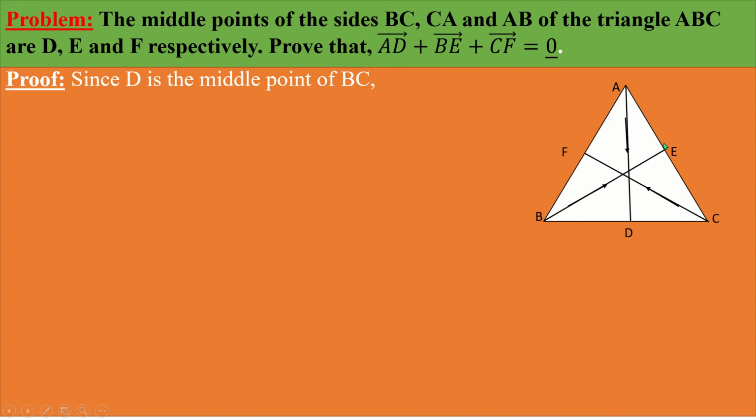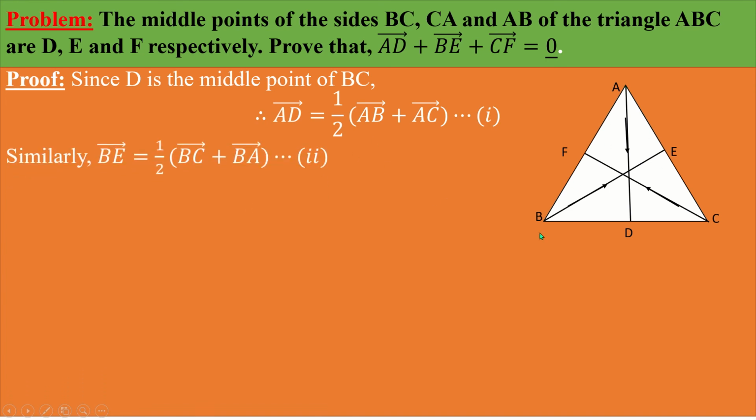Similarly, BE vector equals half into BA vector plus BC vector, and CF vector equals half into CA vector plus CB vector. Now follow the addition. One: half into, we start from this point, that means AB vector plus AC vector. Similarly, BE, we start from this point, that means BE vector equals half into BA vector plus BC vector, and also CF equals CA vector plus CB vector.